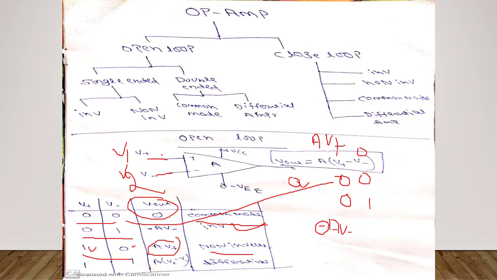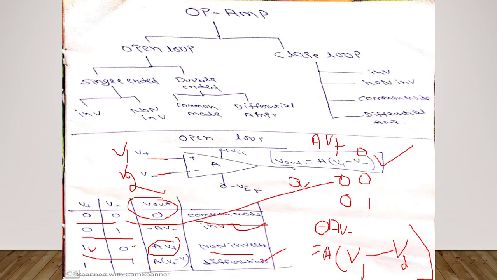Once you have given V1 and V2, what is the answer we are getting here? V out is equal to A, which we always have, into (V1 minus V2). It is actually taking the difference of V1 and V2, so it is called a differential amplifier, or it is called A into (V plus minus V minus). This is the basic formula.